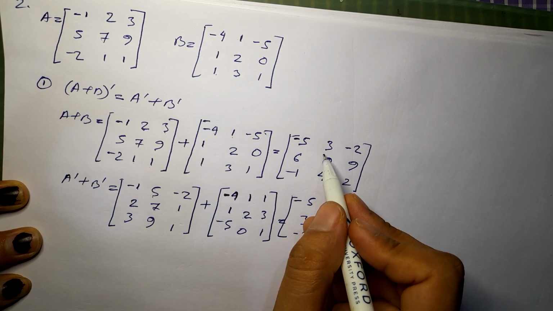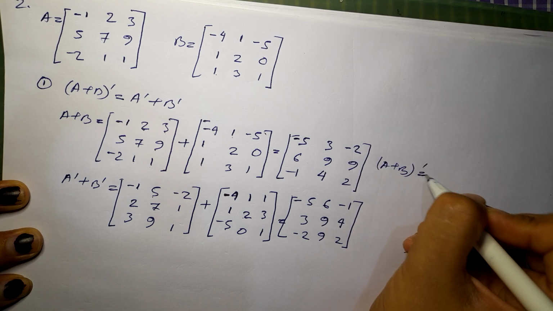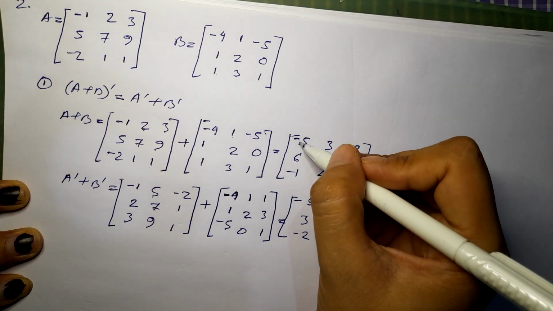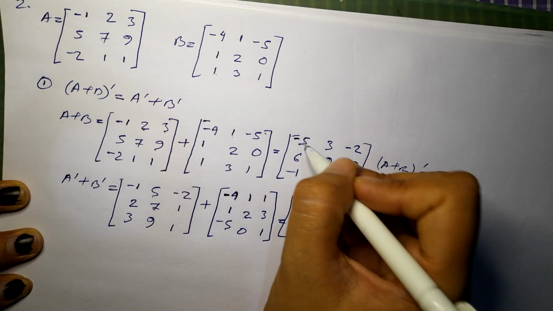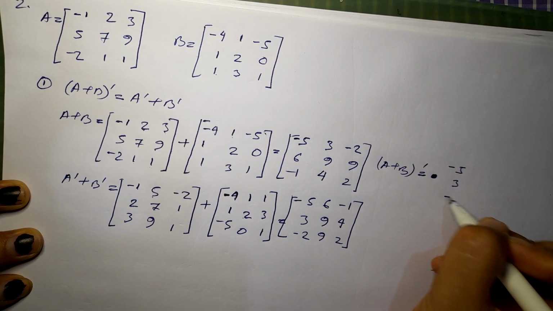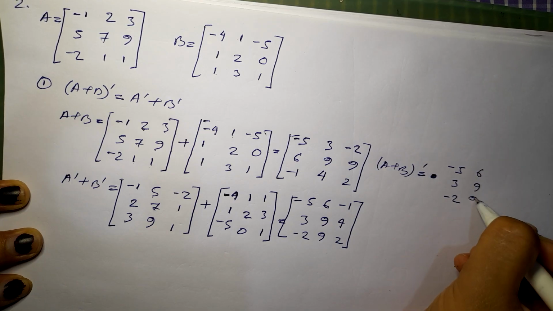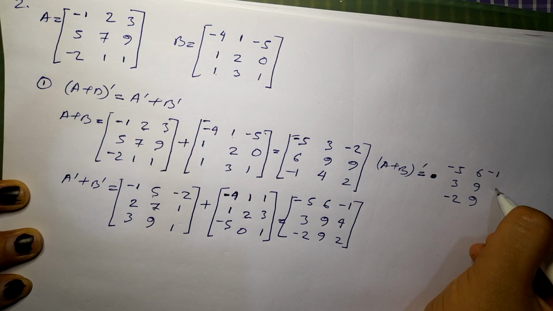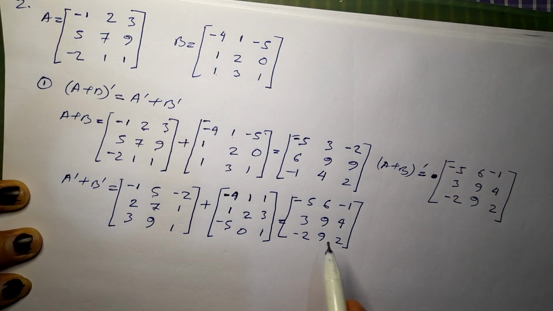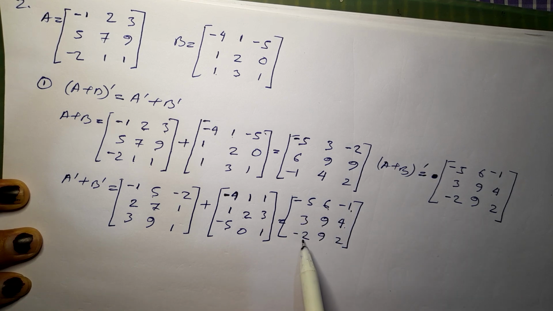We have to find the (A + B) whole transpose. The rows will become columns, so -5 3 -2, 6 9 9, -1 4 2 becomes -5 6 -1, 3 9 4, -2 9 2.